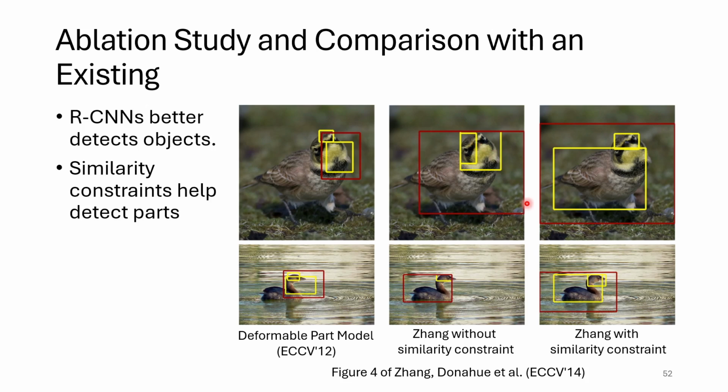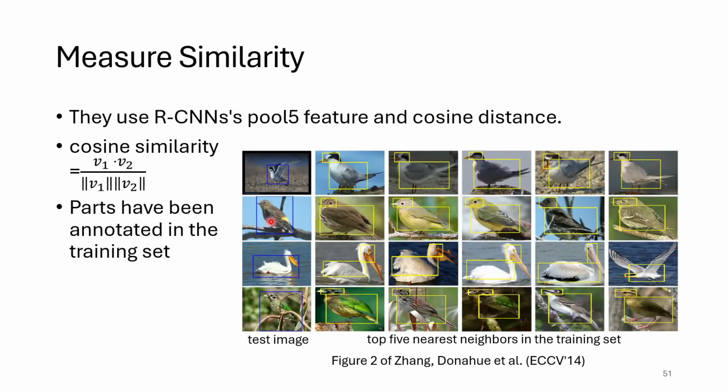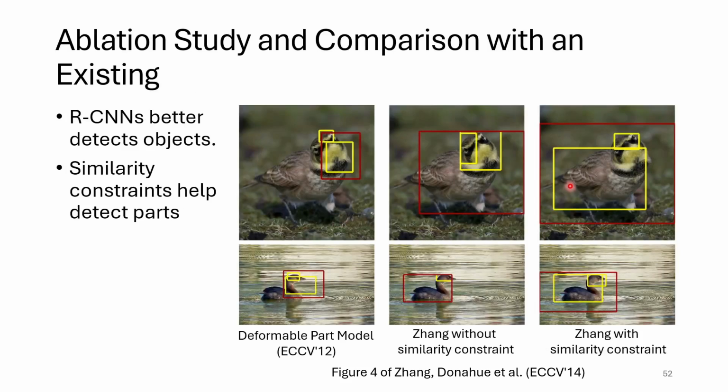They detect the whole bird, but the body in this case was wrongly predicted. So they use the similarity constraint. It means they extract the similar images and use those similar images' head and body regions to predict the body and head regions of the test image. They will get this result.